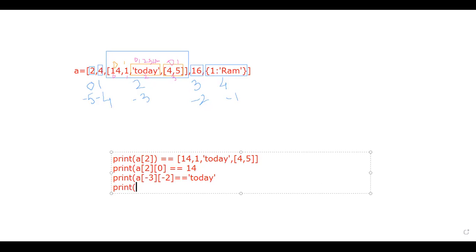Another one I can say is print A. And in A, I'm going to say, let's say, now I want you all to guess this. So I'm going to say minus 3, 2, then I'm going to say, can you guess what will be the output of this?